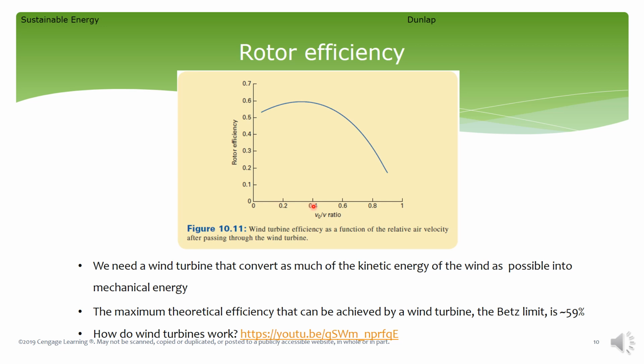If the relative velocity is higher, that means the passing wind velocity is close to the incoming wind velocity, which means the turbine did not extract as much energy as possible.